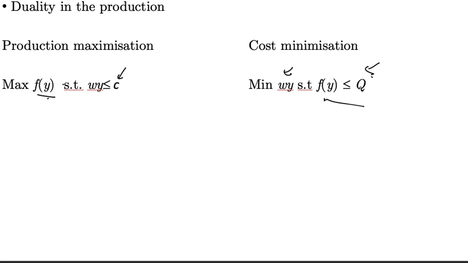These general equations are not usually useful on their own. Why? Because of this less than or equal sign. It's just the same as what we have in consumer theory. Because these general equations are not usually useful on their own, we need to reformulate both of them so that they are easier to analyze.